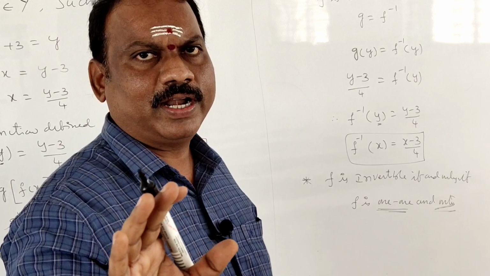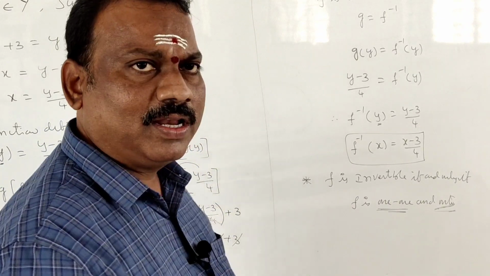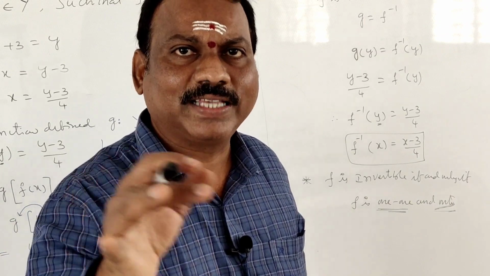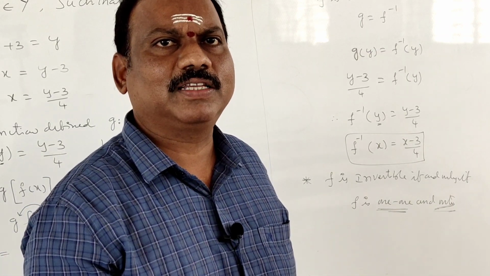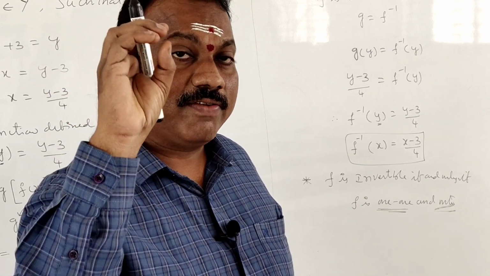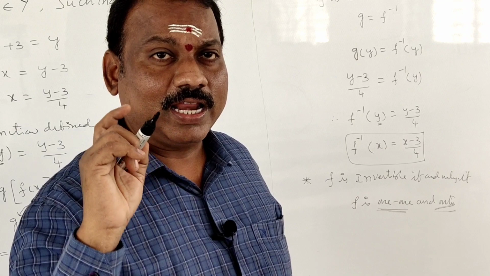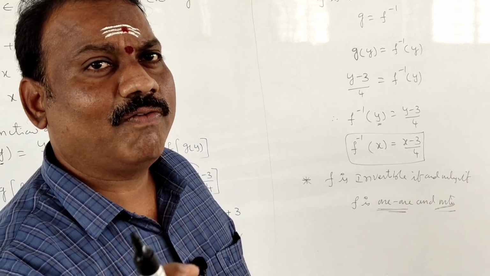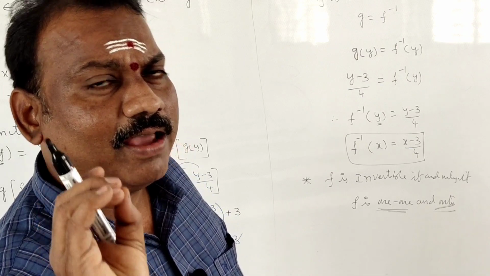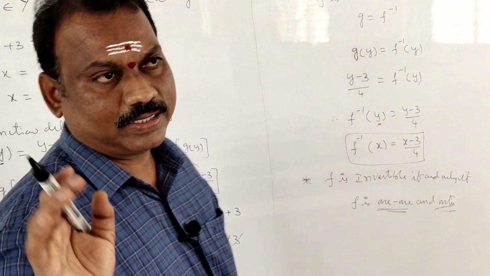Very, very, very important point. Sometimes they will ask f is invertible if f is a bijective. Bijective means 1 1 and onto only. So don't confuse. If it is bijective, then only inverse exists. For inverse function to exist, compulsory f must be 1 1 and onto, otherwise it is a bijective. So very, very important point this is, you remember it, right?